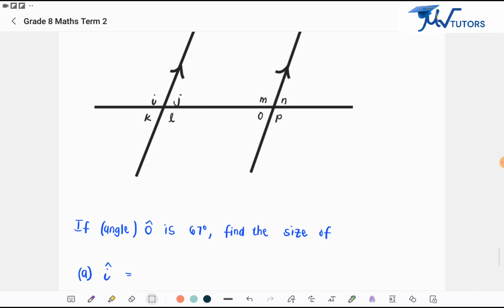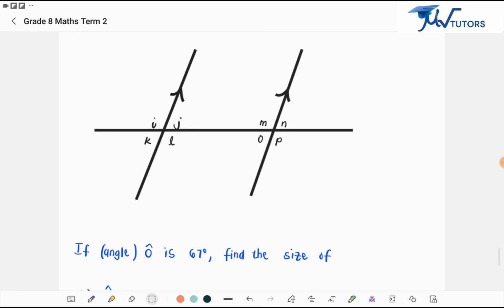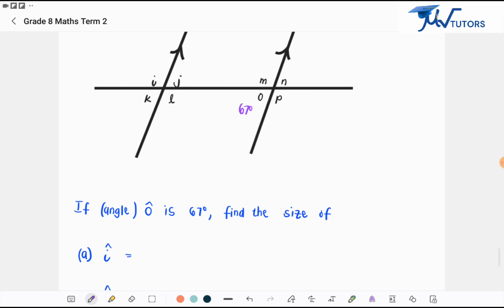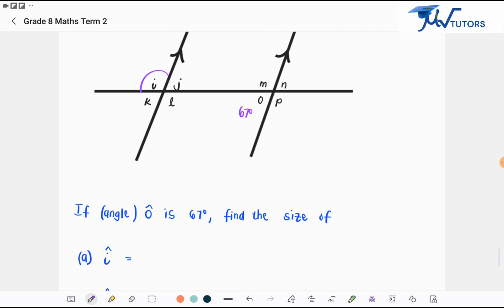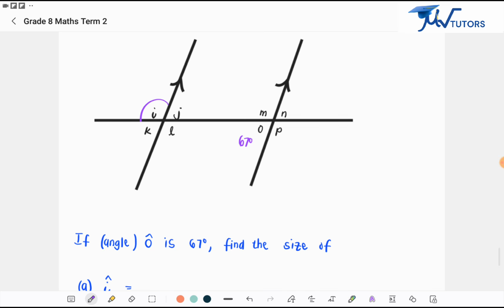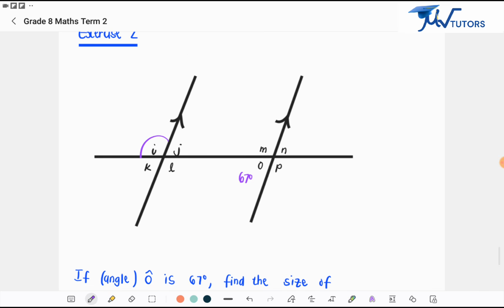Right, exercise 2. It says if angle O is 67 degrees, find the size of I. Okay, there is I. What do I know about O and I? What's common between them? Can there be an alternate angle maybe? No. The only alternate angle is O and J. That would be equal, and I can use that to get I, but let's see.